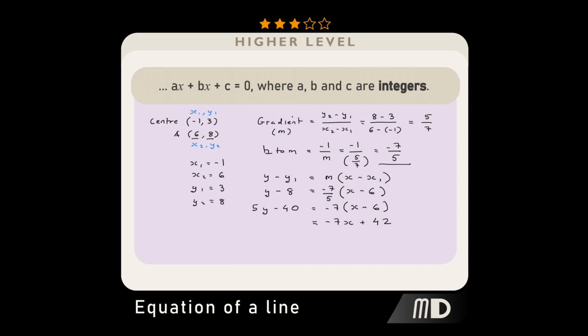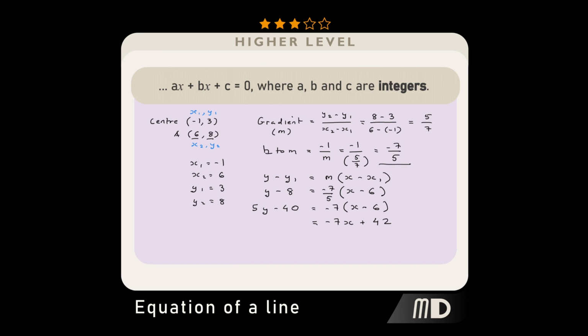To express the equation in the form that the question tells us to, we need to do two things. Eliminate the minus 7x term and the 42 term from the right side of the equation.